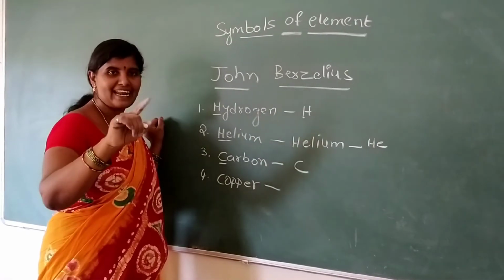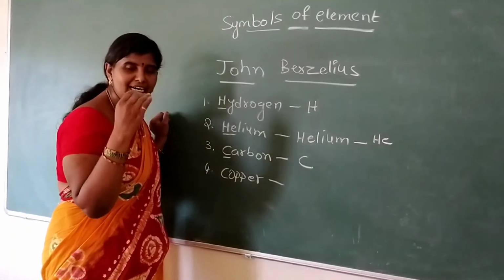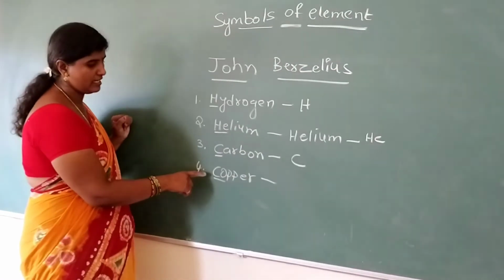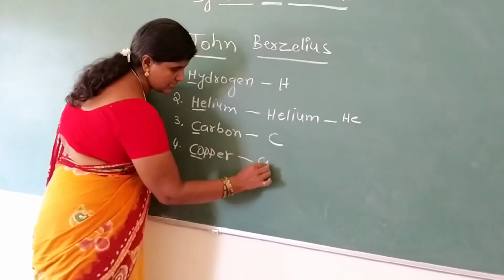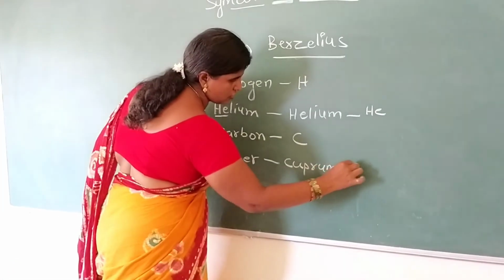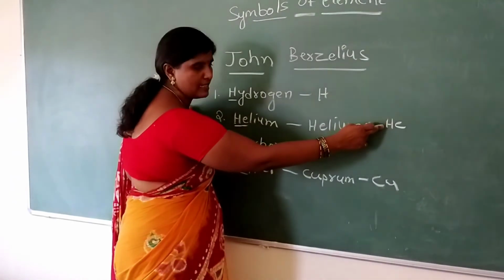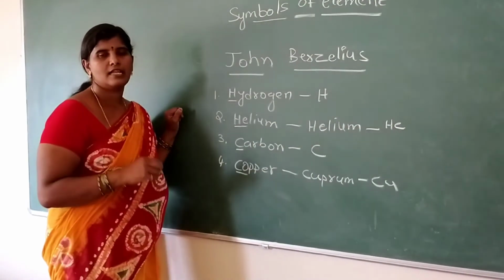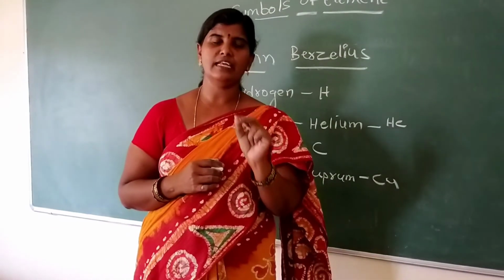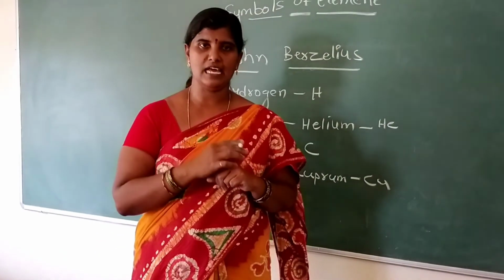So we write the Latin name symbol only. We will learn this in further activities. So we write not CO but Cu. Why? The Latin name is cuprum. So we write Cu. The first letter is always capital and the second letter is small. Like this, we can learn the symbols of elements. It is very easy to write and also to place in a chemical reaction.